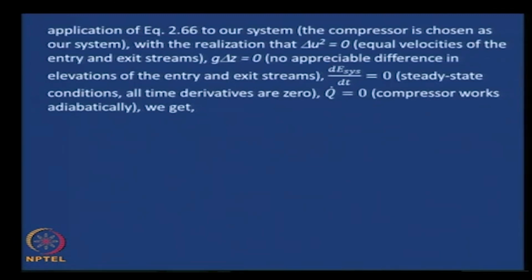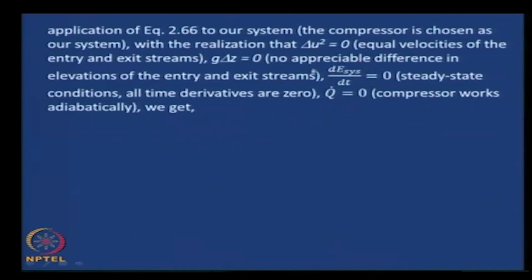Also g delta Z equals 0, because Zo equals Zi, no appreciable difference in the elevations of the entry and exit streams. This was given, therefore we can take this term to be equal to 0, and since it is a steady state process, this term automatically goes to 0.